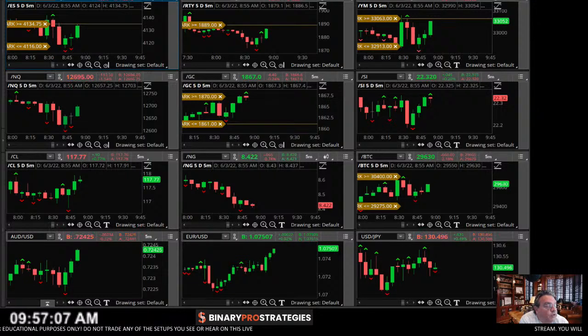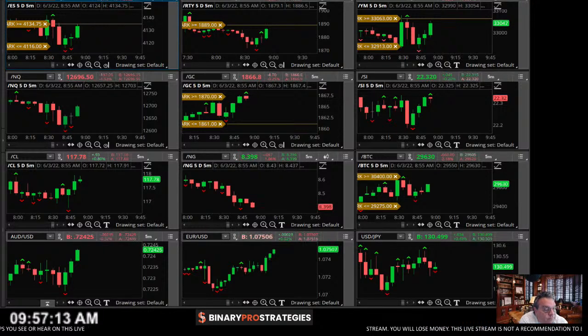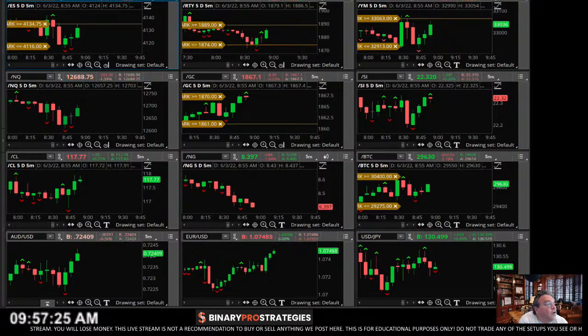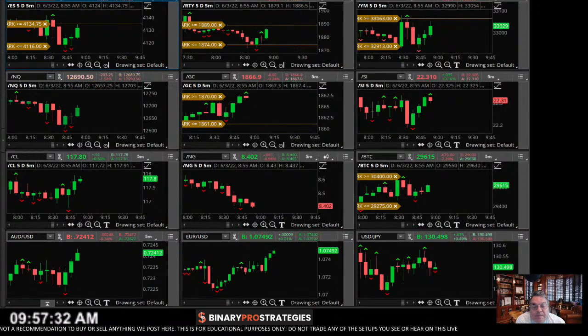If we need to reverse, we're going to reverse down here on the small cap at 1874. Okay, long ES. ES just hit target of 41.34. Well, almost target. RTY still long. Target of 1889.